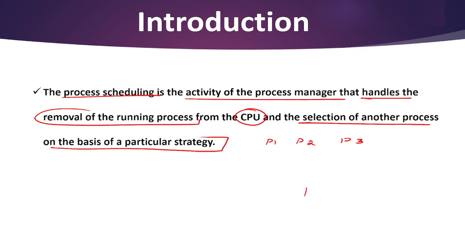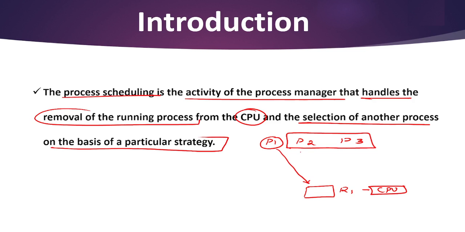All these three processes are waiting for resource R1. Let's say this resource is nothing but a CPU. Process P1 wants to execute itself by using CPU, but at the same time P2 and P3 want the CPU, and these two processes are in the waiting queue until process P1 releases the resource.